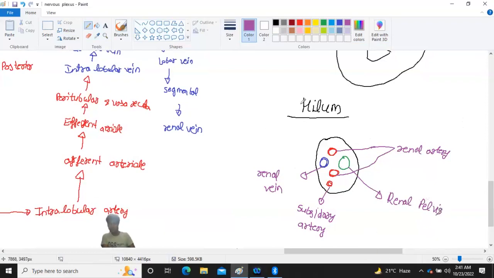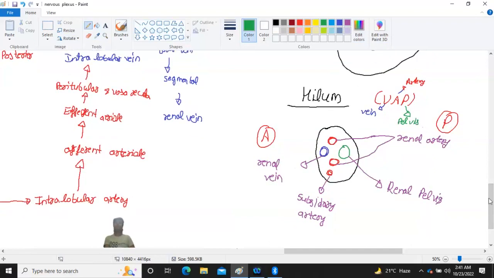This is the anterior side. This is the posterior side. The arrangement of structures is like this. Anteriorly, vein, so we can write VAP: vein, artery, and pelvis.